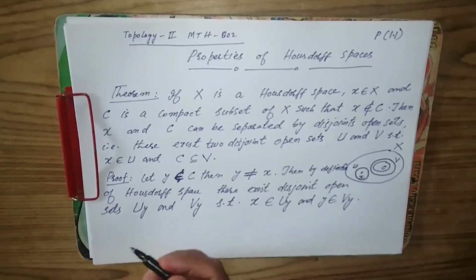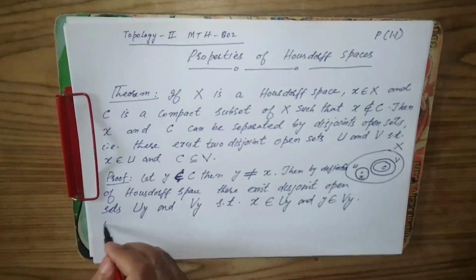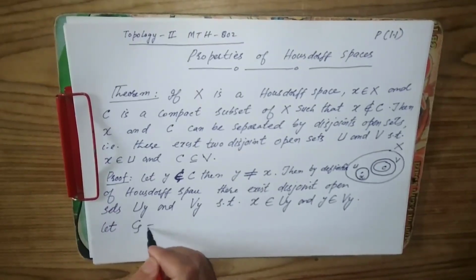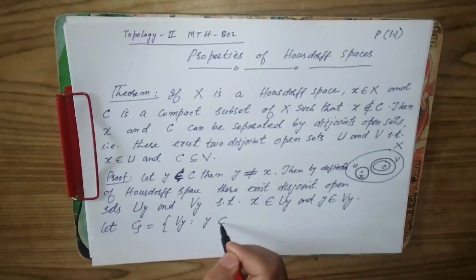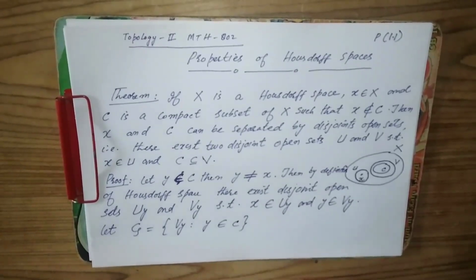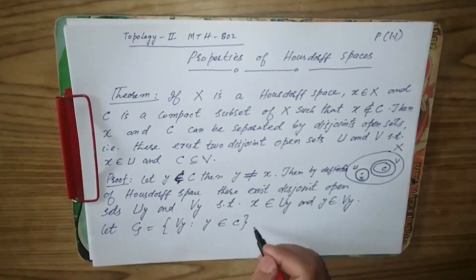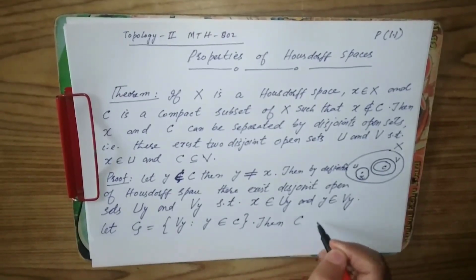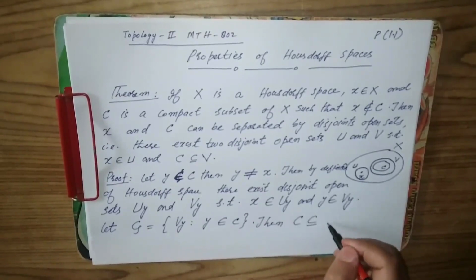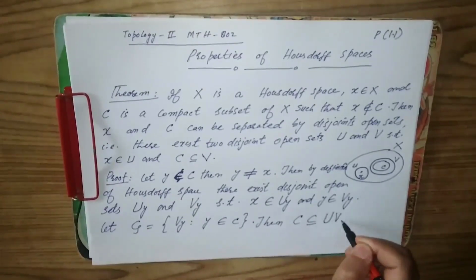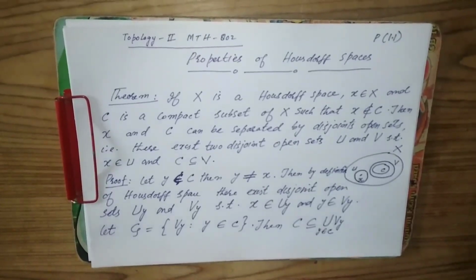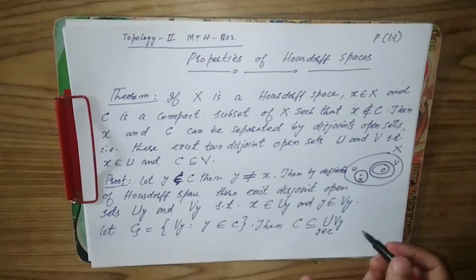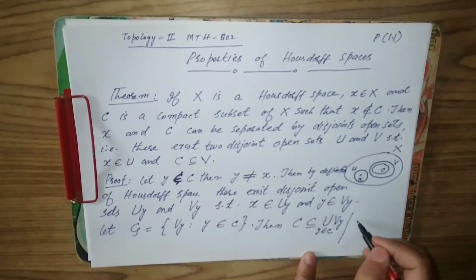Now let's take this class, which is like this, Vy such that y is in C. Then these are open sets, and one can easily verify that these open sets cover C. Then C is a subset of the union of such open sets where y belongs to C. I will write it here. What is C actually?